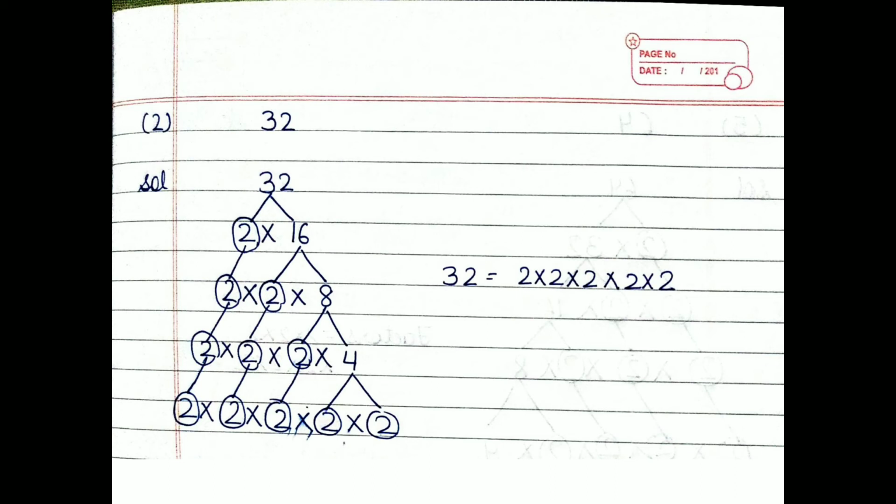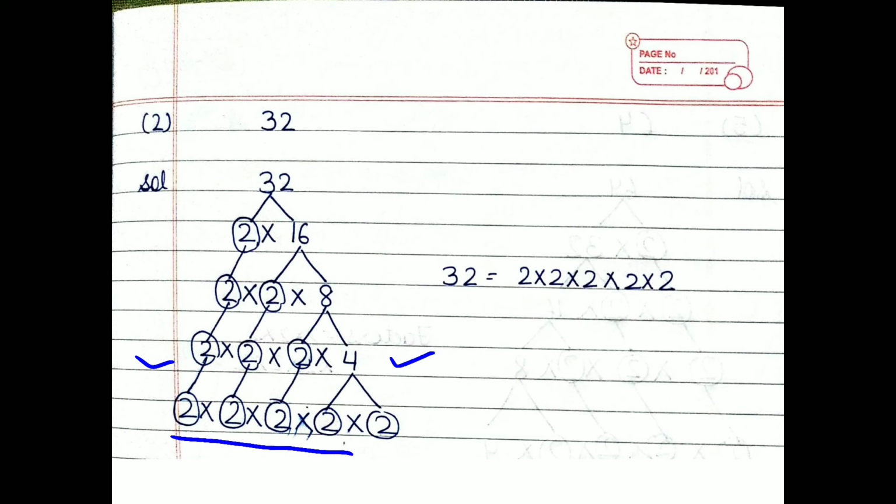Now factors of 8, I will write 2 4s are 8. Now 2 does not come in any table, so I put it in a circle and 4 will be written as it is. Now this 2 does not come in any table, we will copy down as it is.